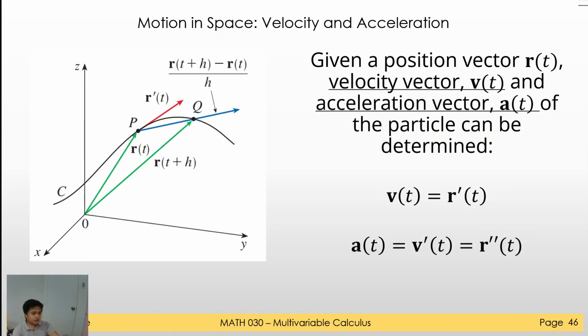Okay, now for this last portion of our topic for midterms, we have the velocity and acceleration of a particle using a vector-valued function. So we know that our r vector is a way to represent the position of our point on a curve.